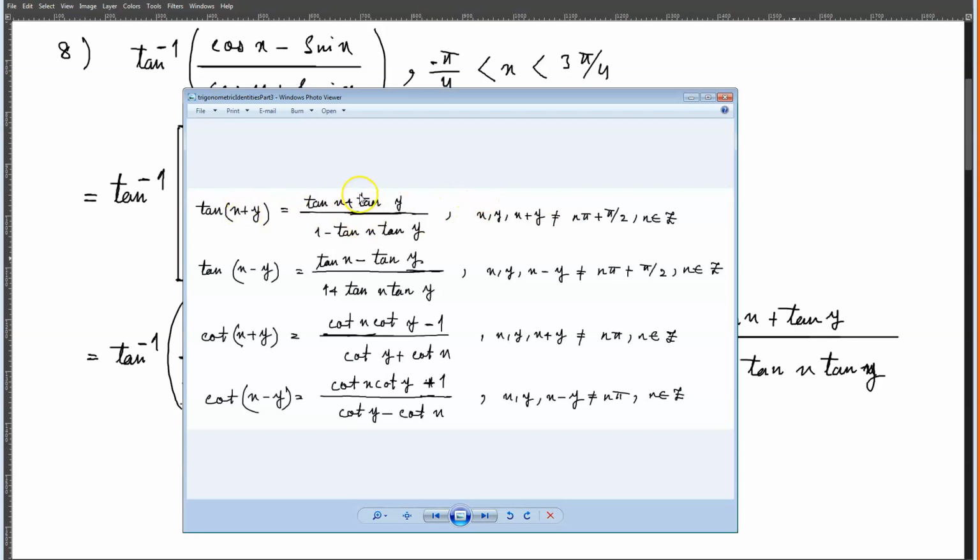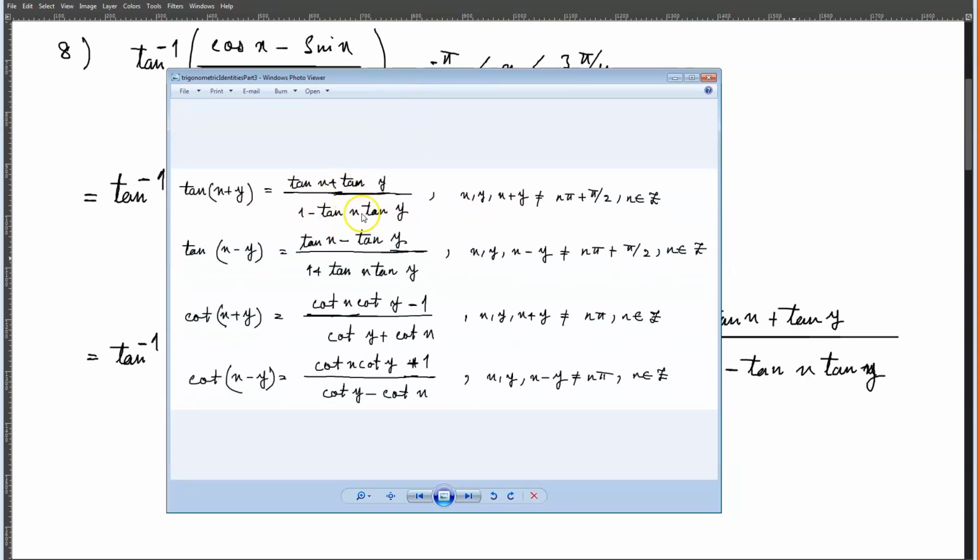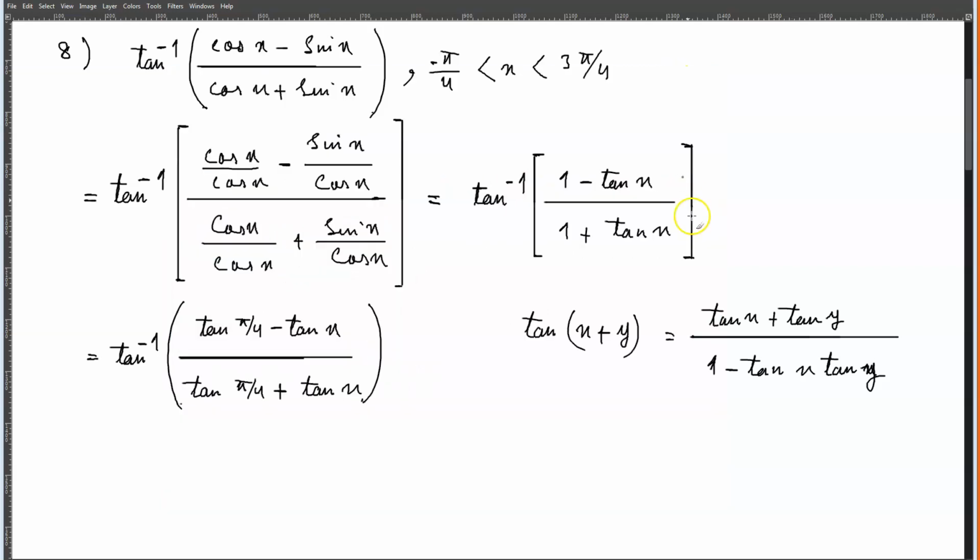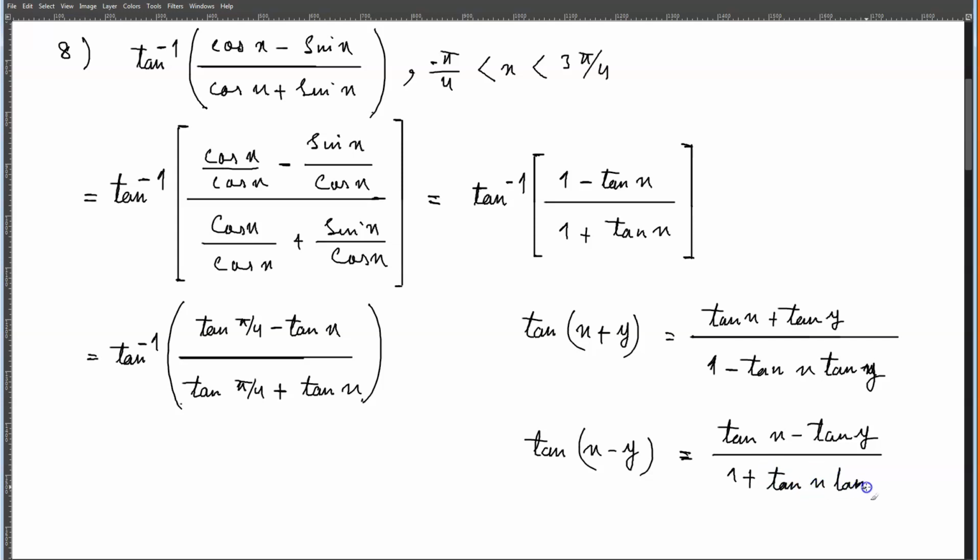Tan of x plus y is equal to tan x plus tan y over 1 minus tan x tan y. And also tan of x minus y is basically the same thing as tan x minus tan y over 1 plus tan x tan y. So that is that.